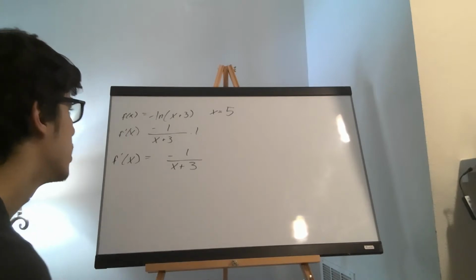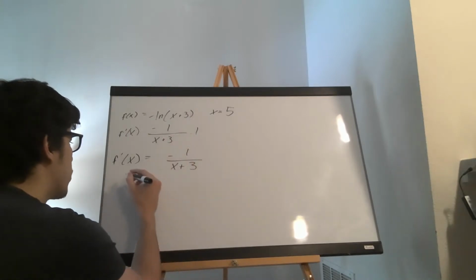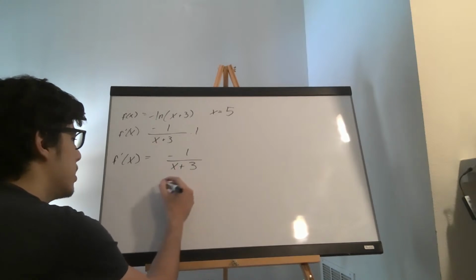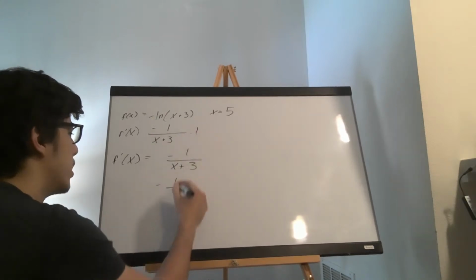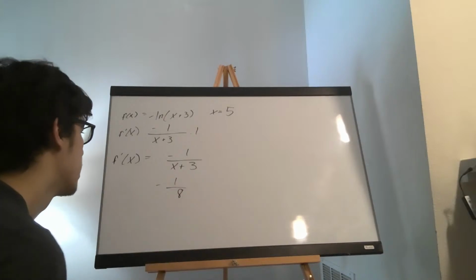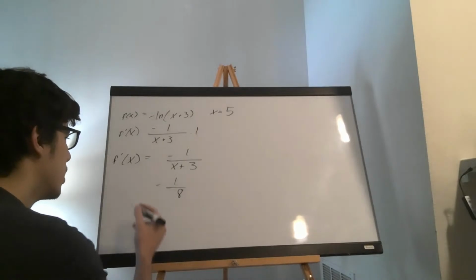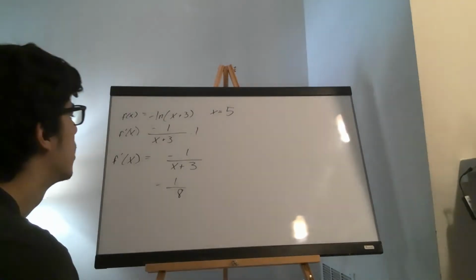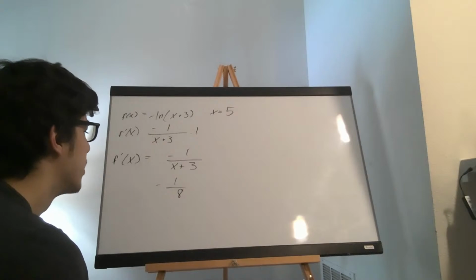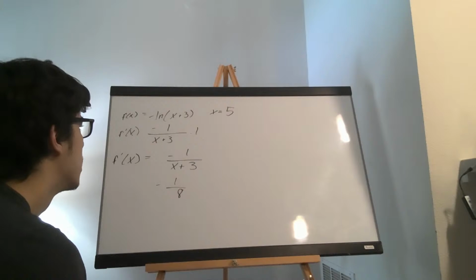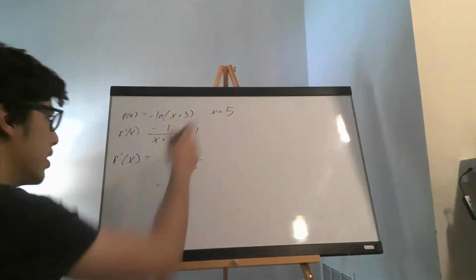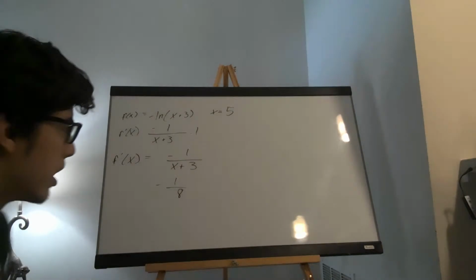So now what we're going to do is plug in our 5 here. So we're going to get negative 1 over 8. So this is the slope of our tangent line right here. Now if we want to find the equation for the tangent line, well, this is all we can do right now because they only gave us 1 point and that was an x value.